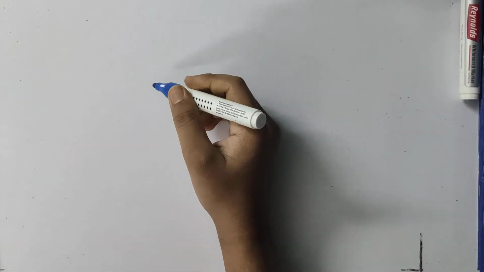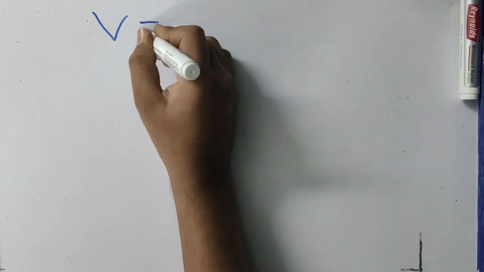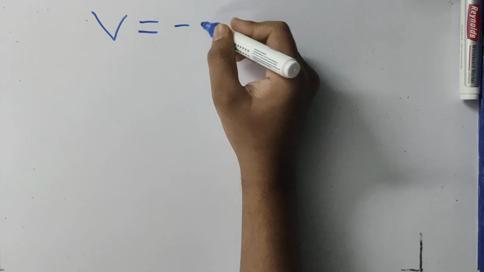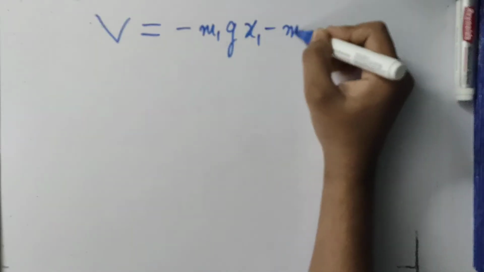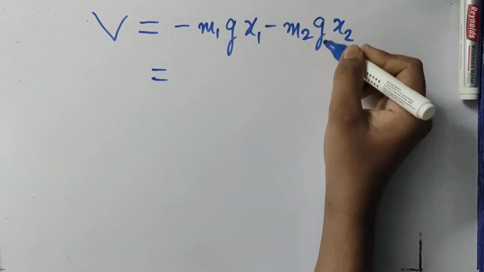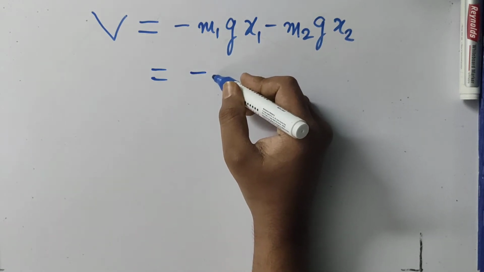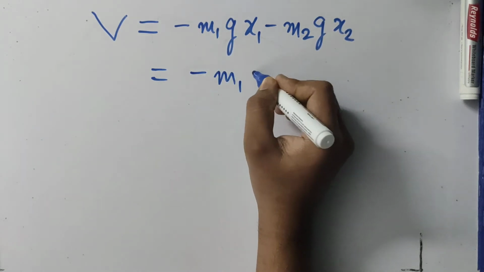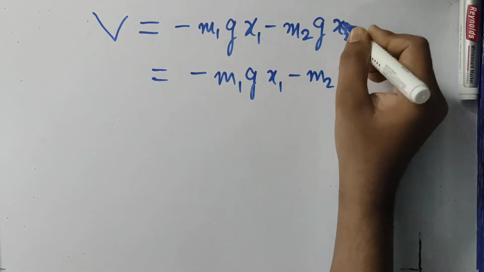Yeah, so I think you have got the expression for potential energy. It is basically the V, it's visible, yeah, that's equal to minus m1 g x1 minus m2 g x2. That minus comes from the sign convention. Now if I express x2 in terms of x1, I get minus m1 g x1 minus m2 g, what is x2?